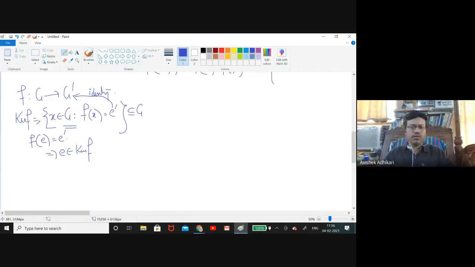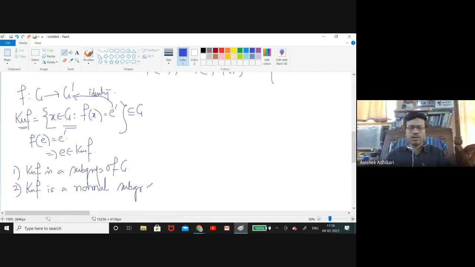Moreover, you can prove that the kernel of F is a subgroup of G. Not only that, you prove something more: ker F is a normal subgroup of G. You already have the idea of a normal subgroup.